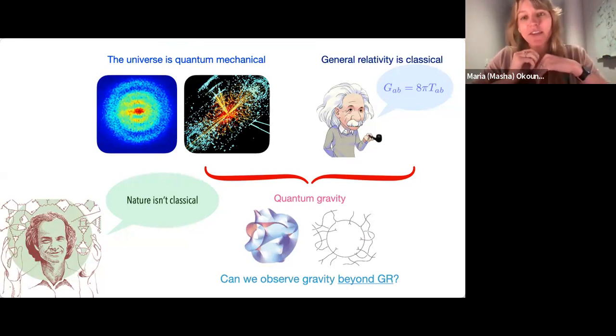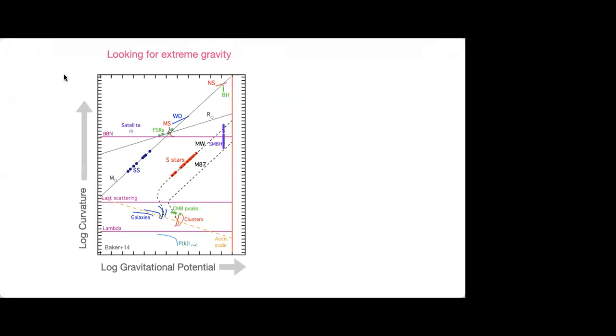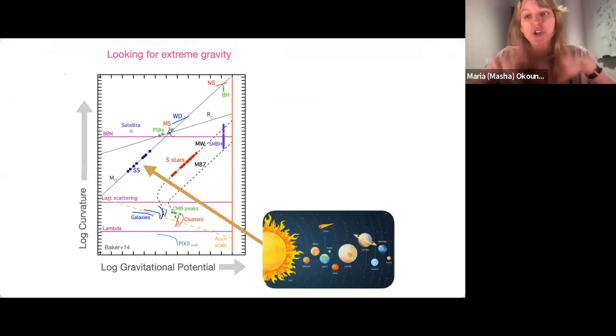Can we observe gravity in the regime where Einstein's theory is no longer a viable description for what's physically going on in the system? So let's think about where we could look for gravity at its most extreme. Here's a plot from Tessa Baker et al., where we have the logarithm of gravitational potential increasing this way and the logarithm of curvature increasing this way for many astrophysical systems. The solar system is actually a weak field regime, which lies over here.